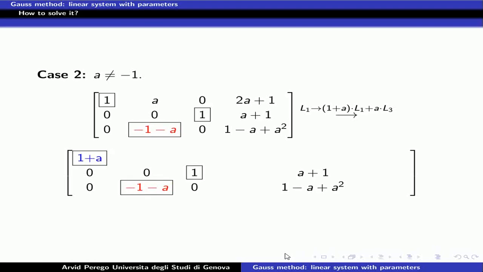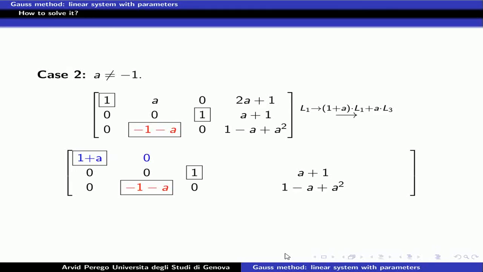So in the end you get 1 plus a. The second entry gets multiplied by 1 plus a, so you get a times 1 plus a, and to this you need to add a times minus 1 minus a. And so you are subtracting a times 1 plus a from a times 1 plus a, and you get 0.